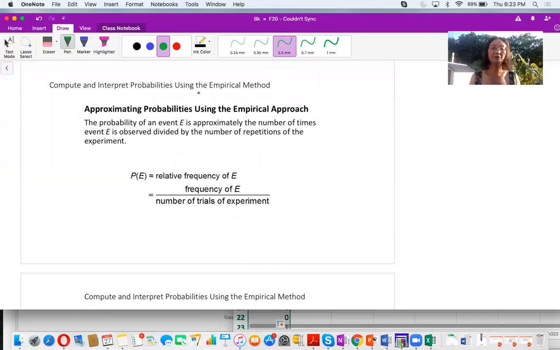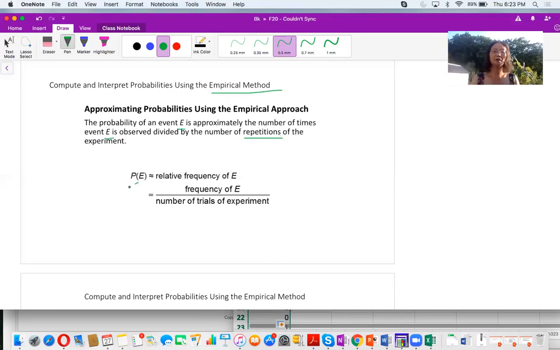Now let's introduce the empirical method. The probability of an event E is approximately the number of times event E is observed, divided by the number of repetitions of the experiment.